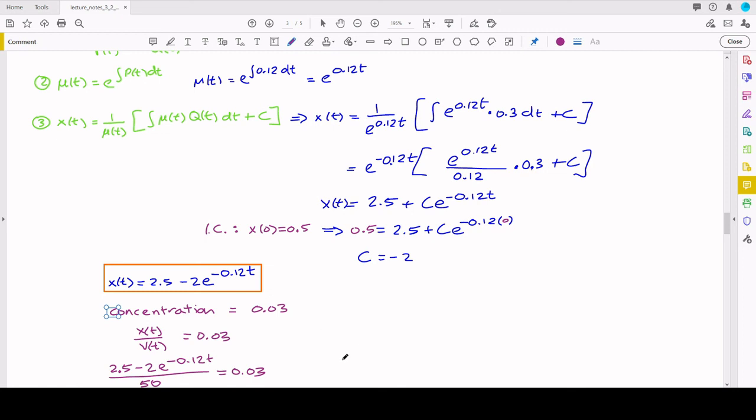I'll leave it up to you to double check that t is equal to negative ln of 0.5 over 0.12, which is approximately equal to 5.78 minutes. And that's our final answer.